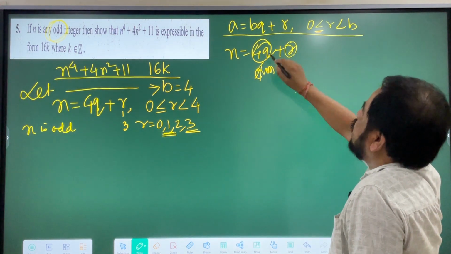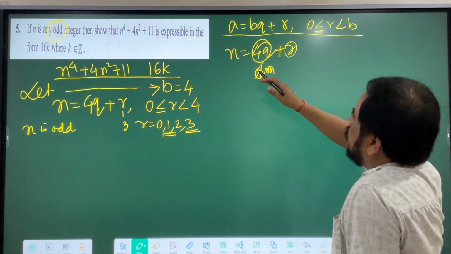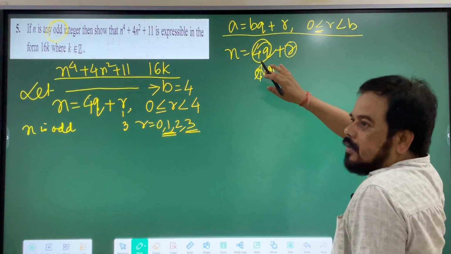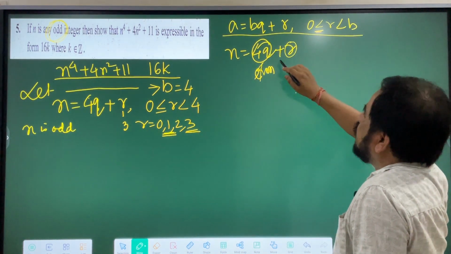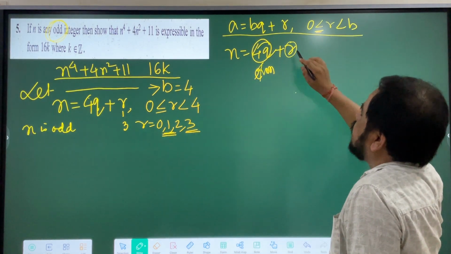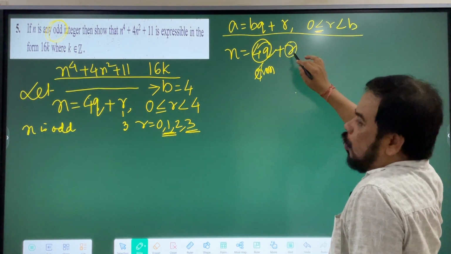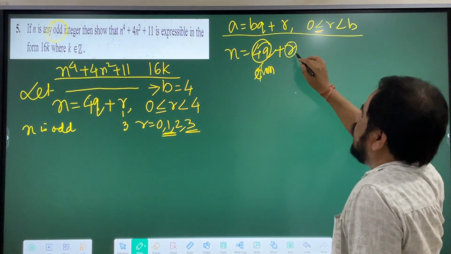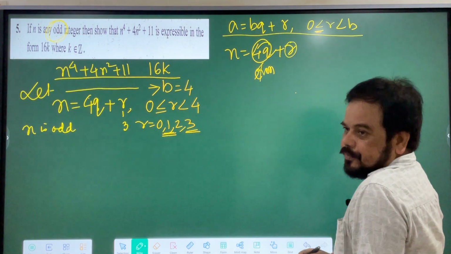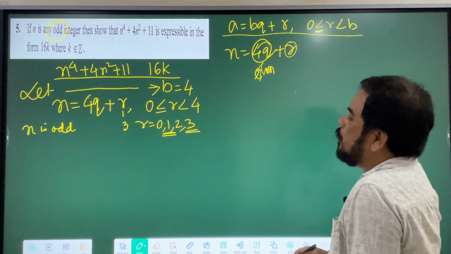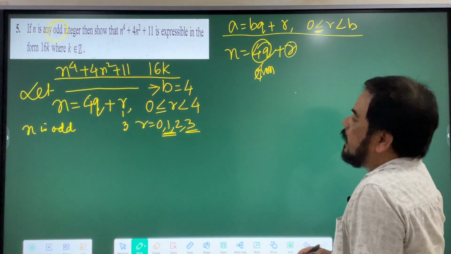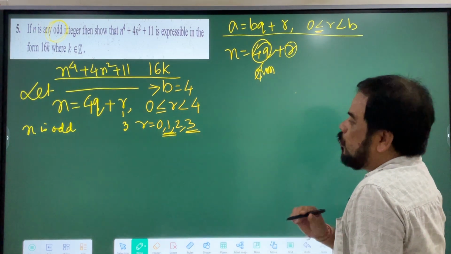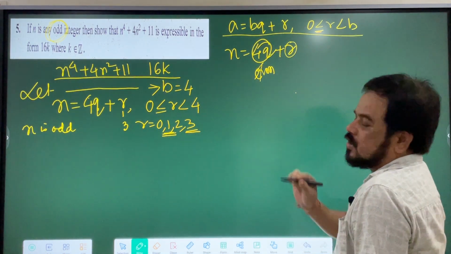So with this even number, if you add 0, that will be even only. If you add 2, that will also be even. So instead of adding 2, 4, 6, any even number, we have to add an odd number here. Even number plus 1, even number plus 3, so we will get an odd. So you will put the value of r as 1 and 3 only. 0 and 2 we will not use. I hope you are clear about what I explained.